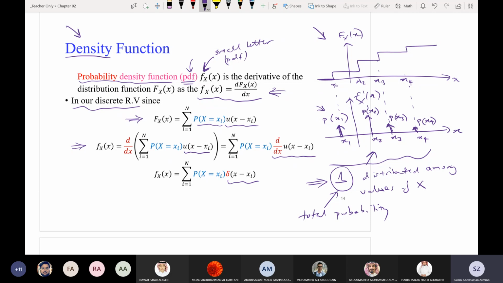For example, in this example, you can clearly see that x equal 4 has much lower probability than x equal 2. You can clearly see that the random variable is concentrated more in this region at x1 and x2 than it is at x3 and x4, because most of the probability is here. Right? So you can directly visualize how this total probability is distributed among the different values of x.